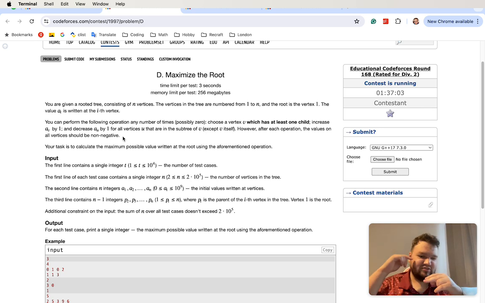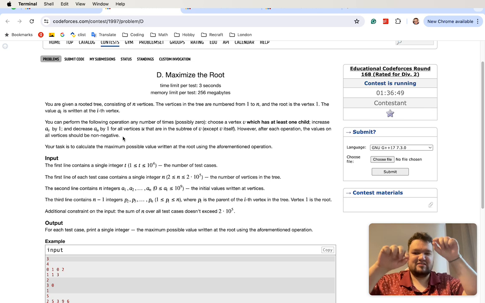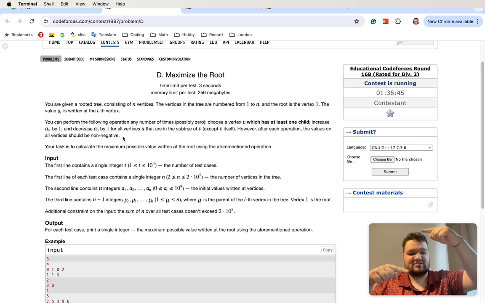But if the value in the root is smaller, we can increase it by decreasing values in all the sons, and the best minimum we can get is like this: we have a smaller value in the root, we have a larger value in the sons. We can increase this one by decreasing this one.